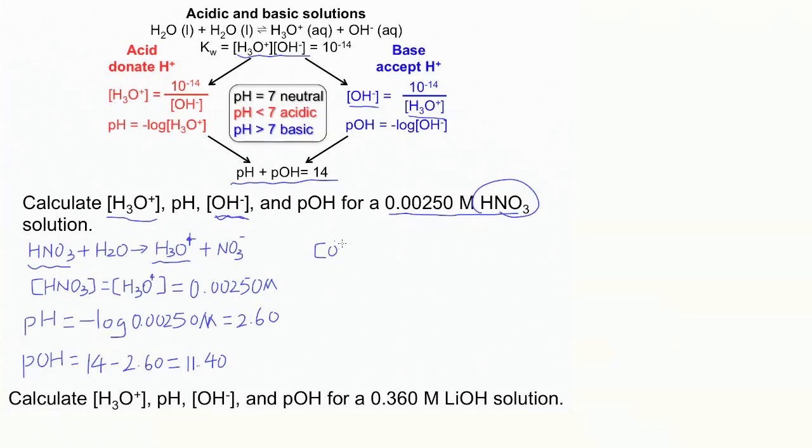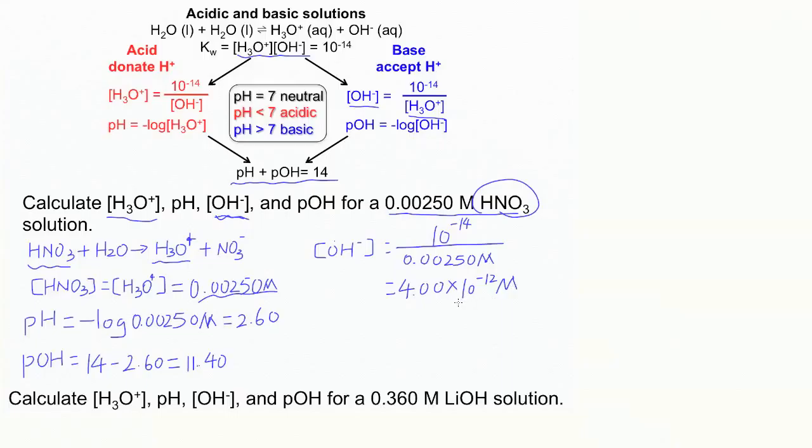So for this problem, hydroxide concentration equals 10 to the negative 14 over the hydronium concentration right here, 0.00250 mole per liter. And my calculation is 4.00 times 10 to the negative 12 mole per liter.